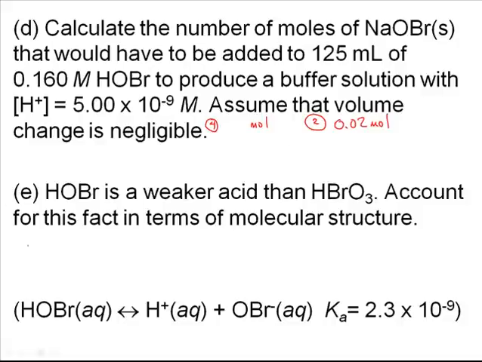All right, E, number 7. Group number 7. That's not you. Group number 7 is in the back. You're group number 6. Yeah, group number 7 got picked again. So E, why is HOBr a weaker acid than HBrO3? HBrO3 has more oxygen. Uh-huh.